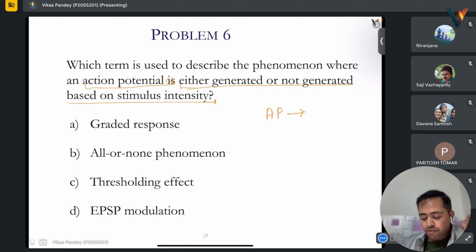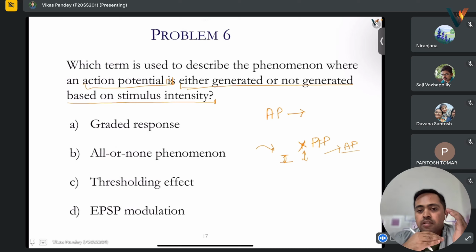If the stimulus is less than a threshold value, it will lead to no action potential. And if it is beyond this threshold value, it will lead to a full action potential. Whenever an action potential happens, it is the full height, and the amplitude remains the same. So what is the term used to describe this phenomenon? All or none. All or none phenomenon, right?